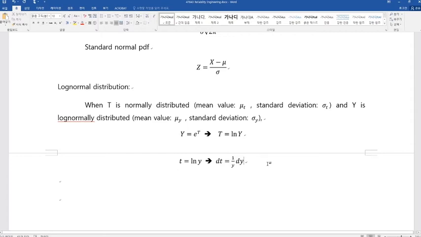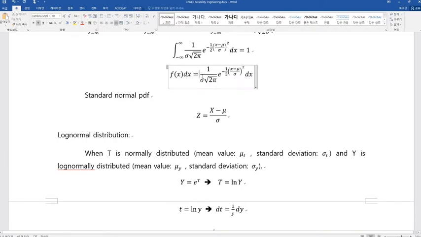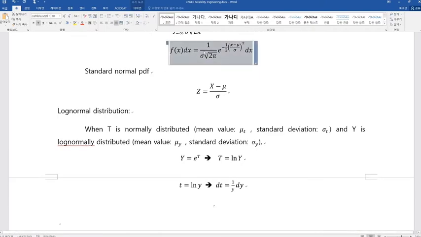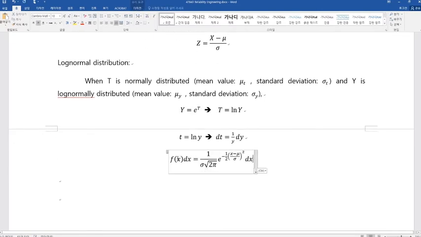So why do we need this relation? So this is normal distribution.